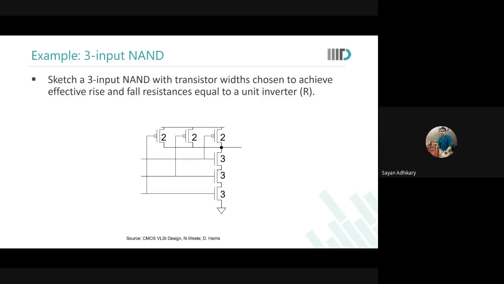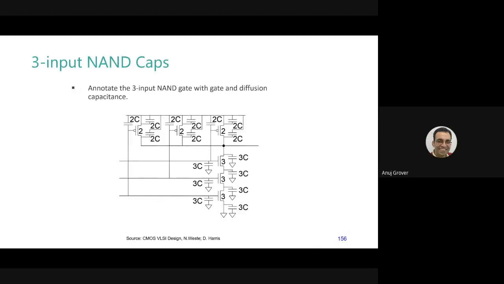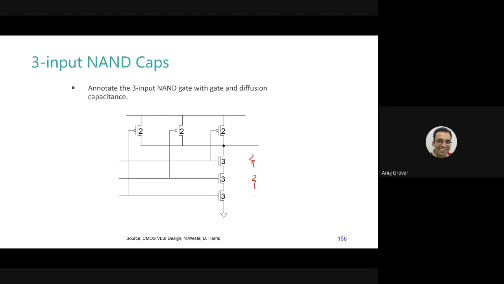So for that, if we scale it like 3, 3, 3, then our effective resistance will be R by 3, R by 3, R by 3 in series. So in the discharging time, it will see only R. That will be the same case. So what we have done is we've simply said that if this is R, these three resistances will come in series with each other.